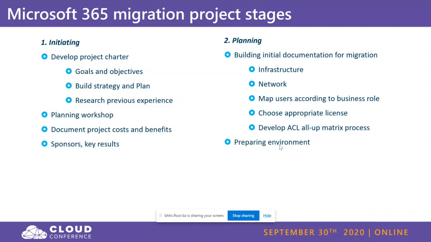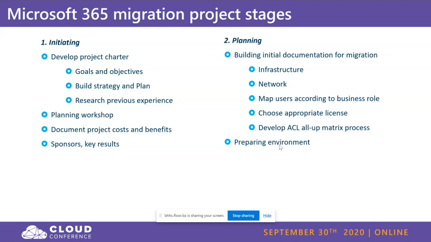Keep in mind that when the customer is buying Microsoft licenses, they can buy Microsoft 365 maximum plan E5 for all the users, or only Exchange Online for all the users, or they can buy Office 365 E3 for part of the people and E5 for others. For some people, only Exchange Online is enough. So we have to map the appropriate license for each person according to the business role and the business needs.